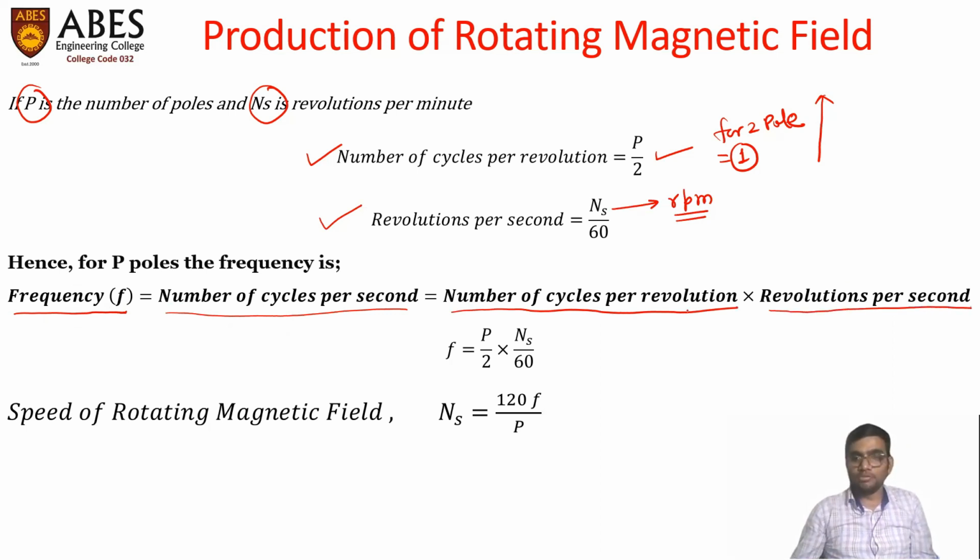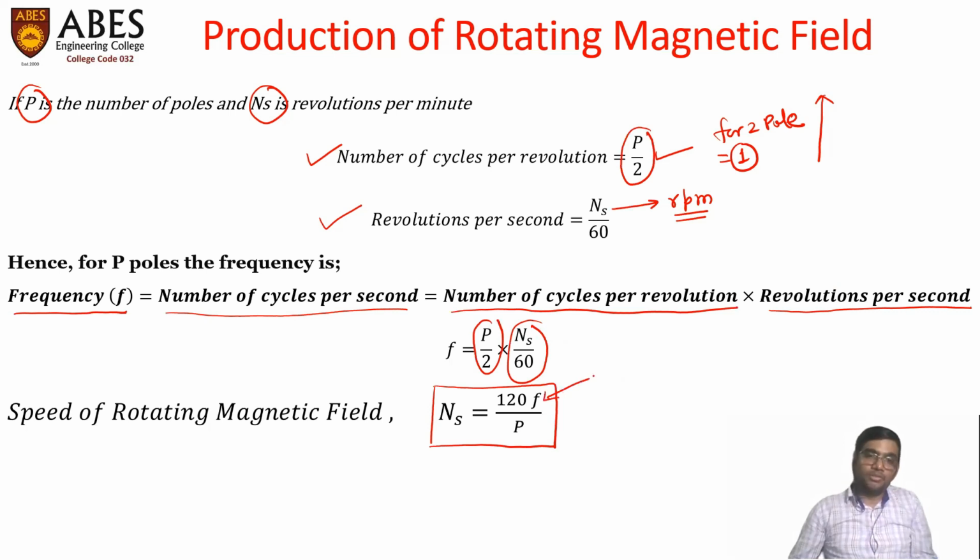So f equals the number of cycles per revolution for a P-pole machine, that is P by 2, and revolutions per second, that is Ns by 60. By simplifying this expression, we will find the speed of the rotating magnetic field, that is Ns equal to 120 f upon P.